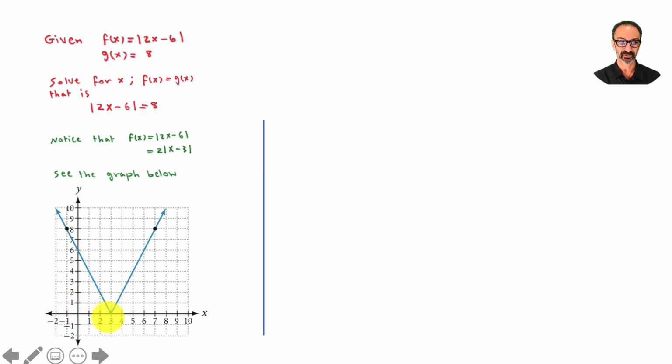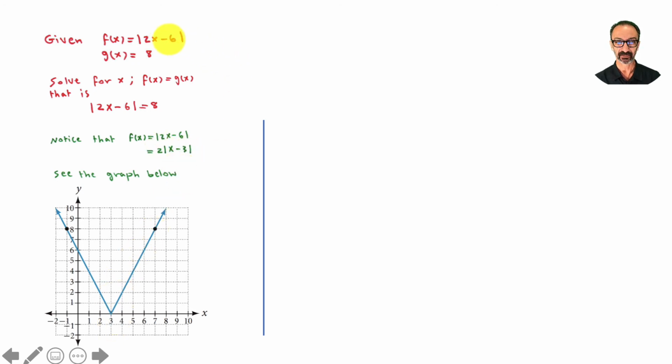The scale is 1, 2, 3, so it's not tricky, because sometimes if you don't pay attention to the numbers, we might think this is 1 and this is 1, but they might be going by 5 here. So you've got to be careful. And if you notice right here, it's 1, 2. When these are clear, that to me means 2 over 1. So that is this 2. And that is this 3.